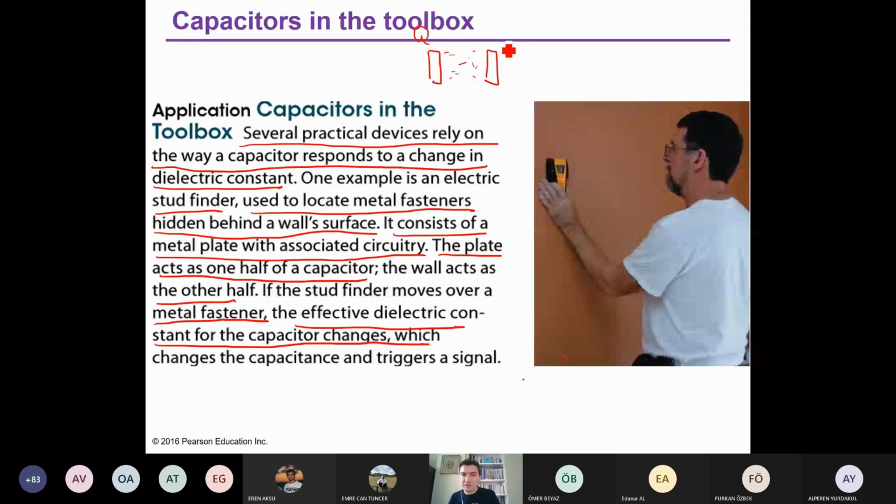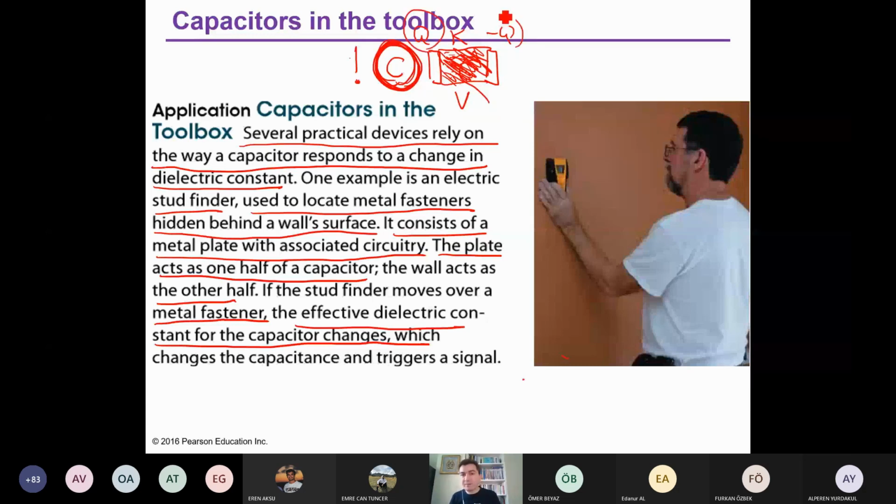When you insert a dielectric material between the plates, this capacitance will change. If you insert another dielectric material with another dielectric constant, then you will have another capacitance. So depending on the dielectric material, you will have different capacitance between the plates if you have the same Q charge on the plates.